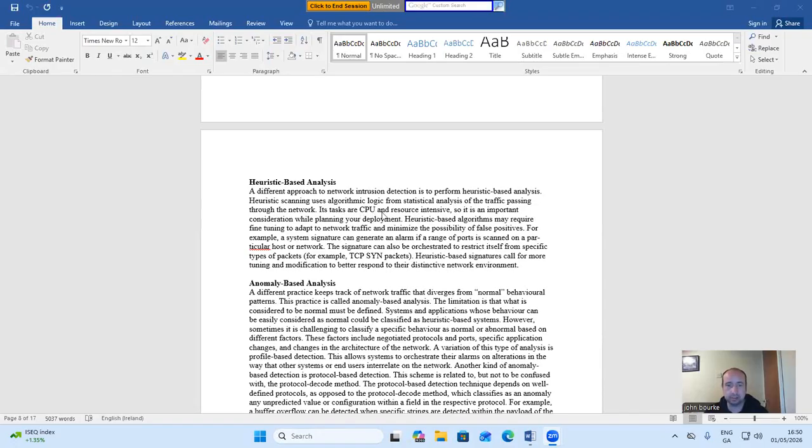Its tasks are CPU and resource intensive, so it is an important consideration while planning your deployment. Heuristic-based algorithms may require fine-tuning to adapt to network traffic and minimize the possibility of false positives. For example, a system signature can generate an alarm if a range of ports is scanned on a particular host or network.